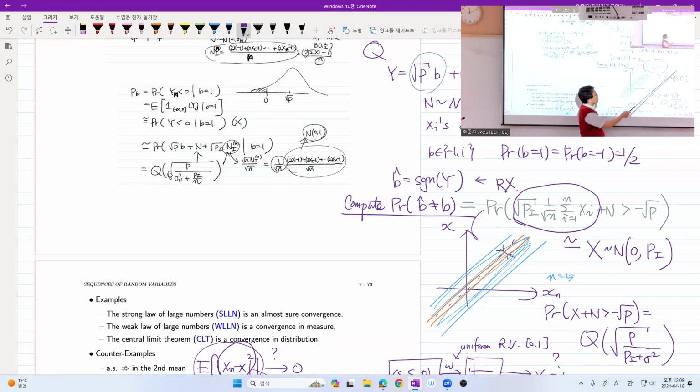Simply, this is the CDF of this random variable evaluated at negative square root p. And this is the complementary CDF of x plus n evaluated at negative square root p. So exactly, this is the case where convergence in distribution is enough to prove our approximation is very good, right?